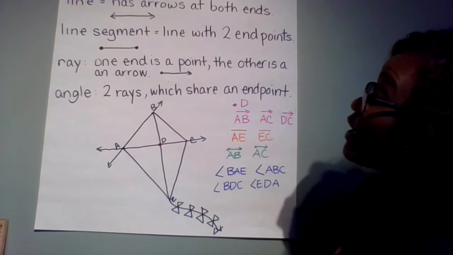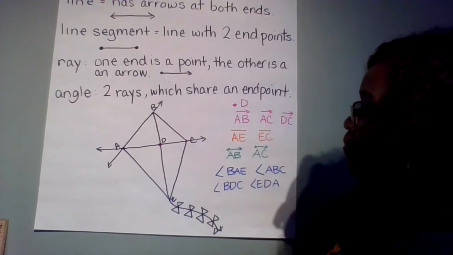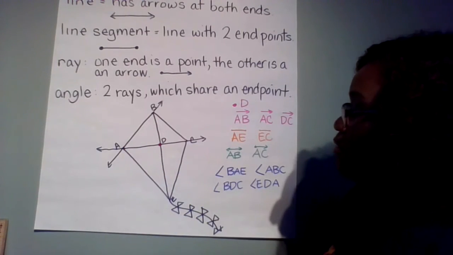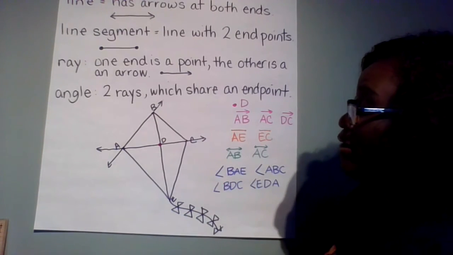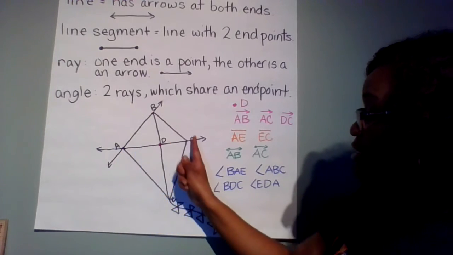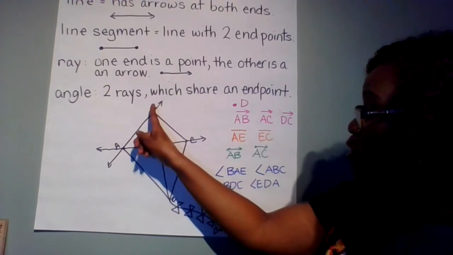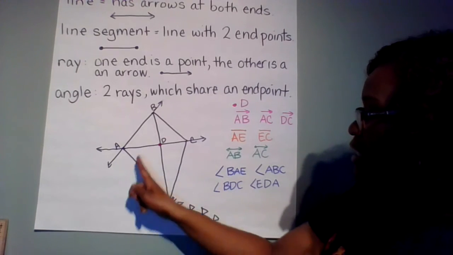And we can say ray AB, AC, or DC. And then we have our angles: angle BAE, angle ABC, angle BDC, and angle EDA.